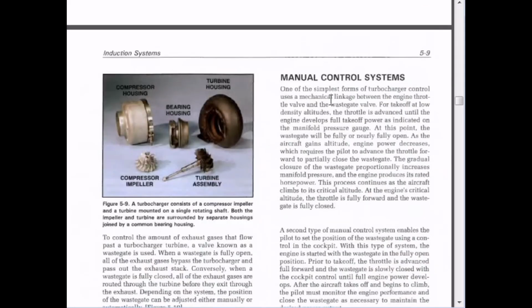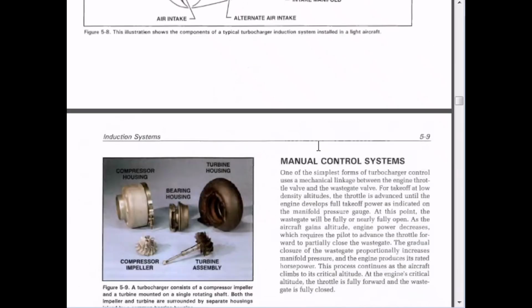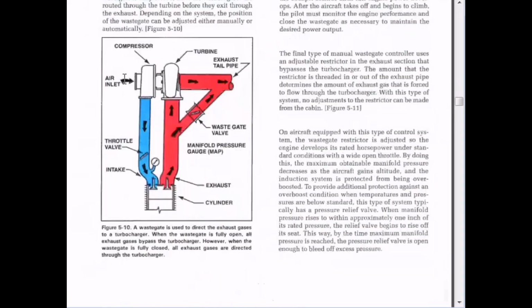So dia punya unit tu kecil saja. Ni je bendanya. Ni kompresor dia, ni turbine dia. Kalau buka dia jadi macam ni. Turbine ni duduk dalam ni, yang kompresor ni duduk dalam ni. Turbine ni akan menggerakkan kompresor ni.